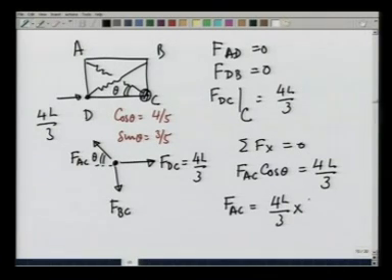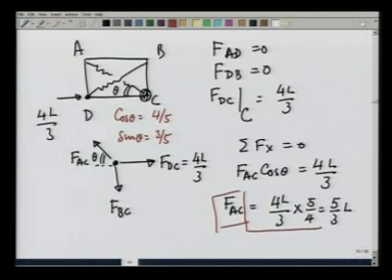So, that is 5 over 4, and this gives me 5/3 L. That is the tensile force on the rope.